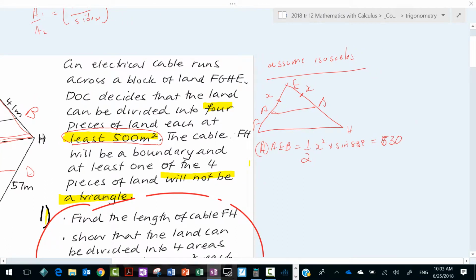And then we go about solving for x, so we times by 2 and we times by 2, and we get x squared times the sine of 83.9 is equal to 1060. You know that. And then we divide by the sine of 83.9, and we square root that.